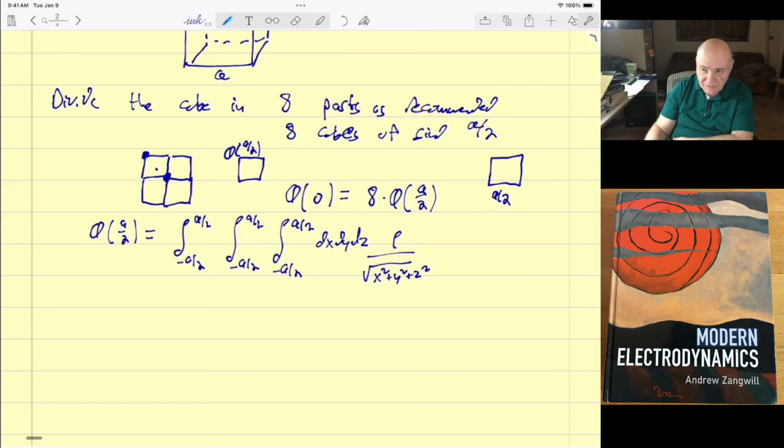I just want to check something here. I think I'm doing this a little bit wrong. I really should be integrating just from 0. Sorry.